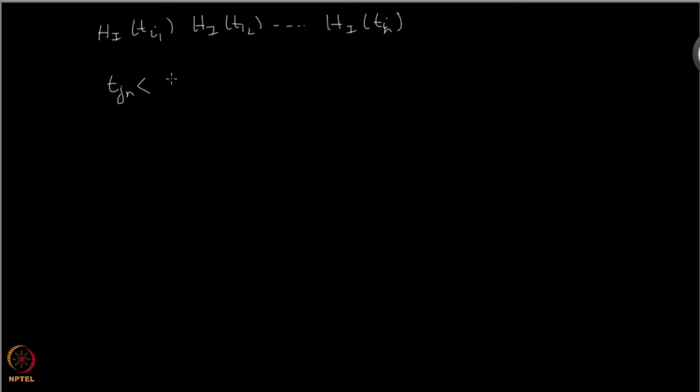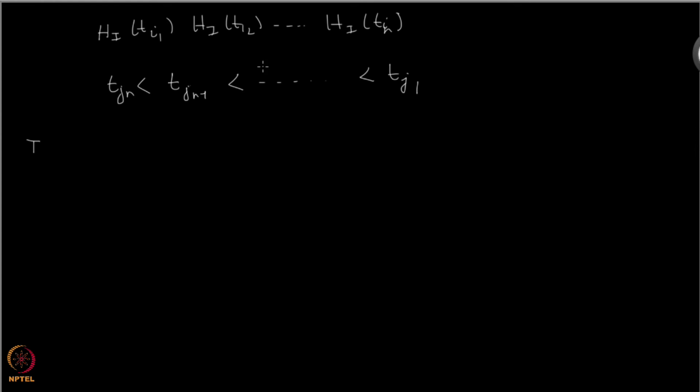So this is the smallest time, followed by this one, and so forth. So suppose this is how these different times are related. This is the smallest one, this is the next one, this is the next one.